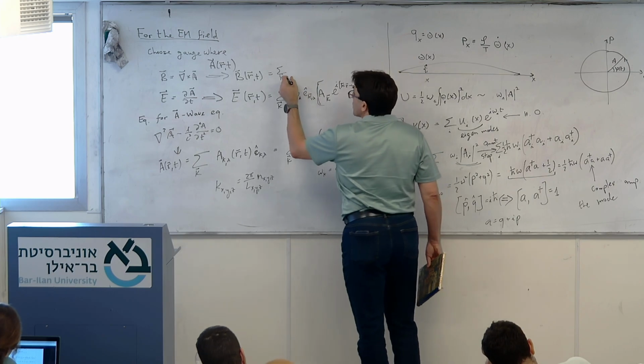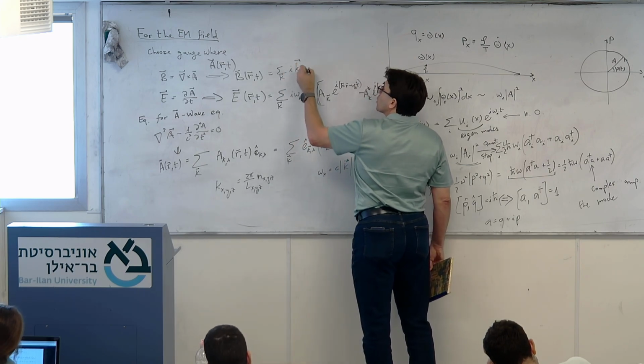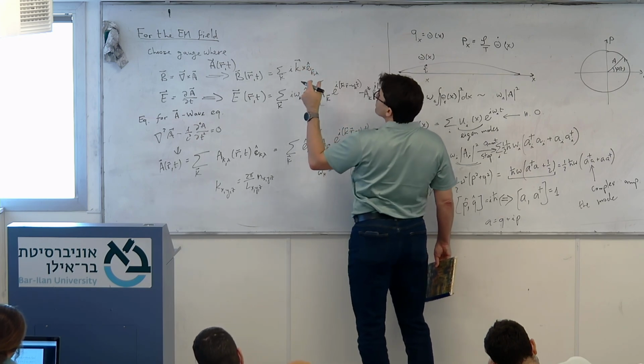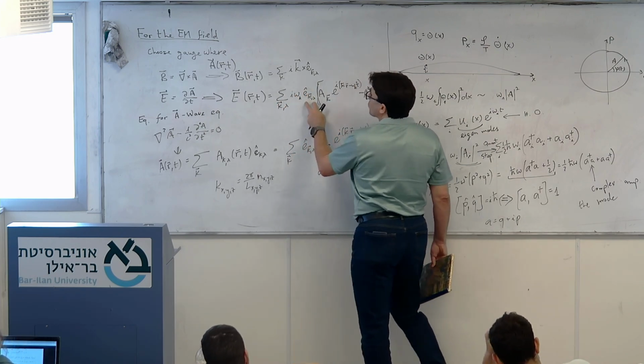And here, instead of that, would be i k cross E. By the way, this is a sum over k and lambda because there are two polarizations.